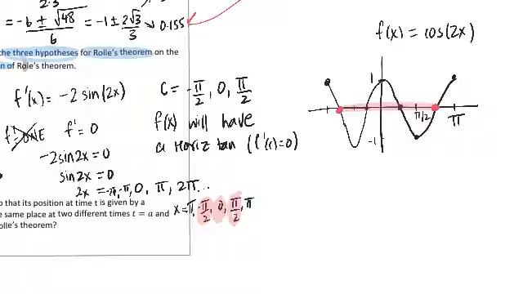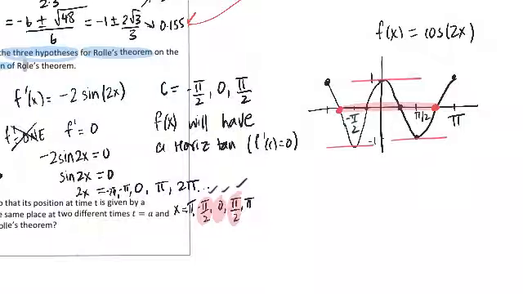And you can see that my horizontal tangent lines were at 0 and pi over 2 and negative pi over 2, right? That's what we found here as our answers. And graphically, that makes sense. That's where we would find our horizontal tangents for this particular function.